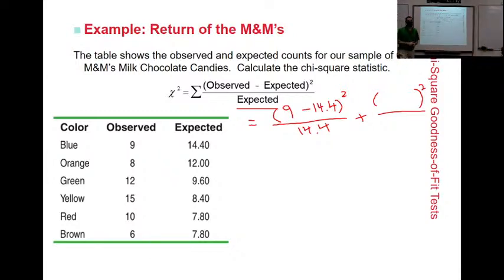You should get about 10.18 as your answer if you're doing it correctly. And we do that for each color? You're going to do that for each color, because you need to find the chi-square statistic. It's a summation. So we've done the first term of the sum. Write out the other terms.